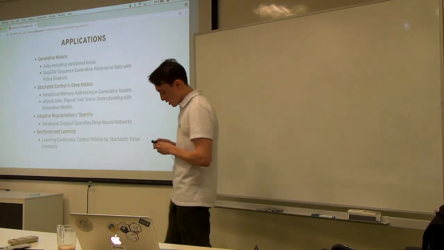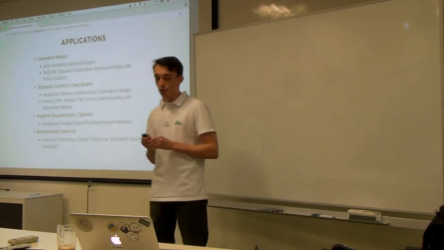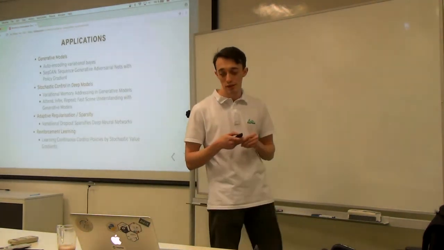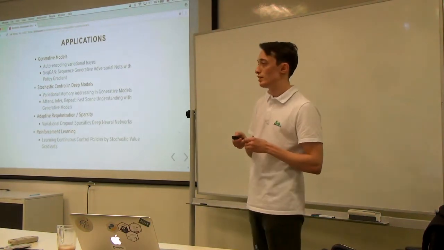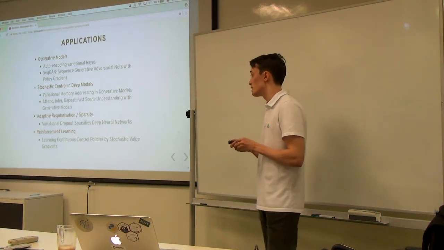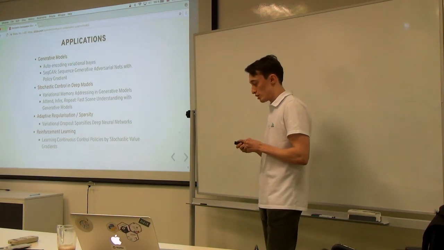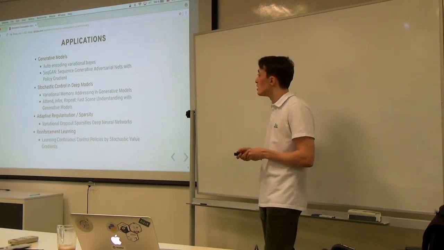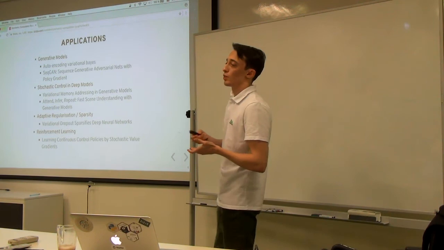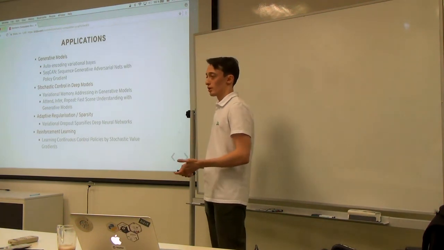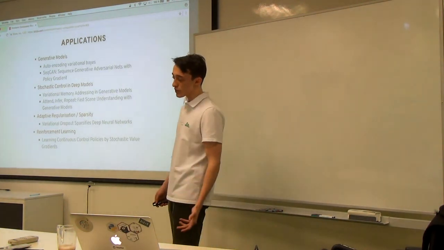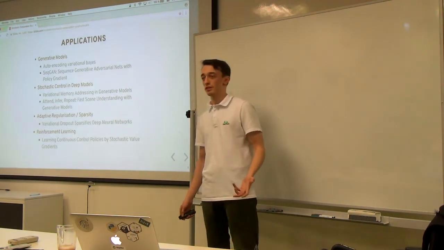Okay, so a bit of motivation, why you would even be interested in that. There are many papers, especially recent papers, that use essentially stochastic graphs. For example, you can use them to train variational autoencoders, that's a generative model. You can use GANs with discrete data.